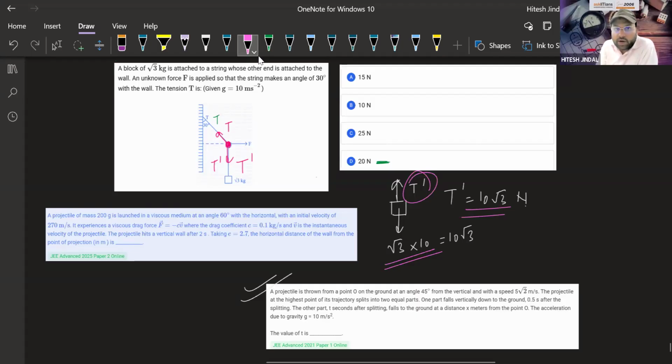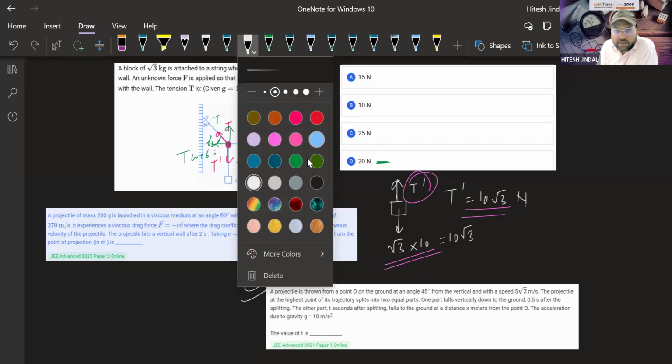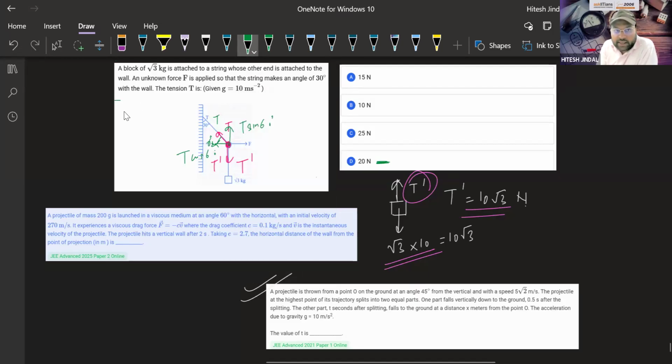And now from here, we can say that this is 60 degree now. So this component is T cos 60 degree. This component is T sin 60 degree. So we can say here, I'm writing down here, that T sin 60 degree is equal to T dash. Correct?